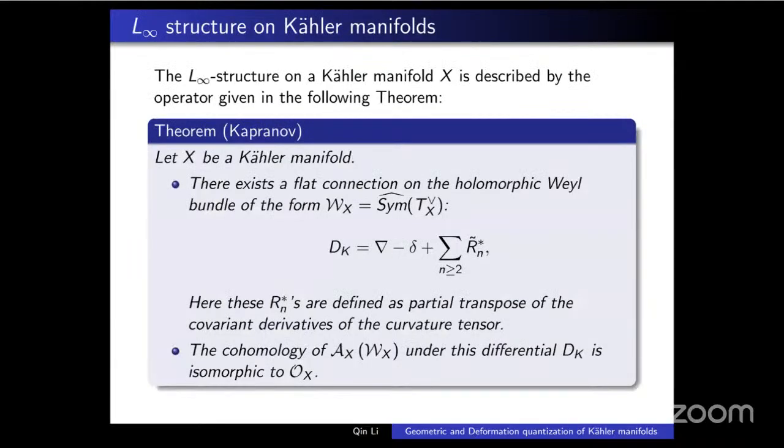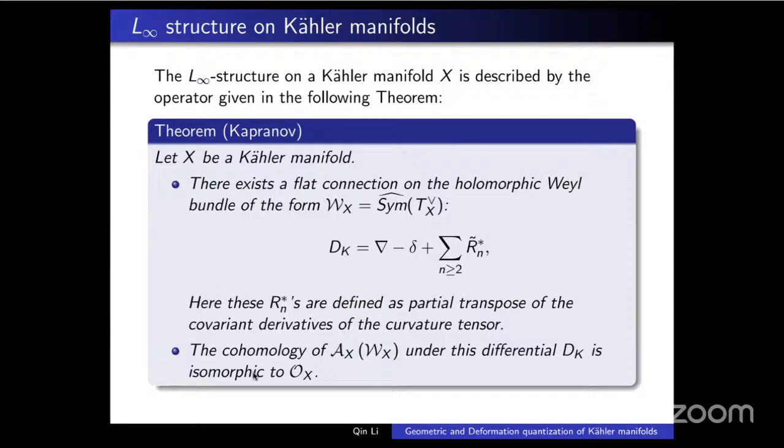Yeah, so let me start with some of my works. This is some background. The L infinity structure on a Kähler manifold is described by the following operators given in the following theorem by Karabegov. It's a little bit complicated, so I just listed it here.